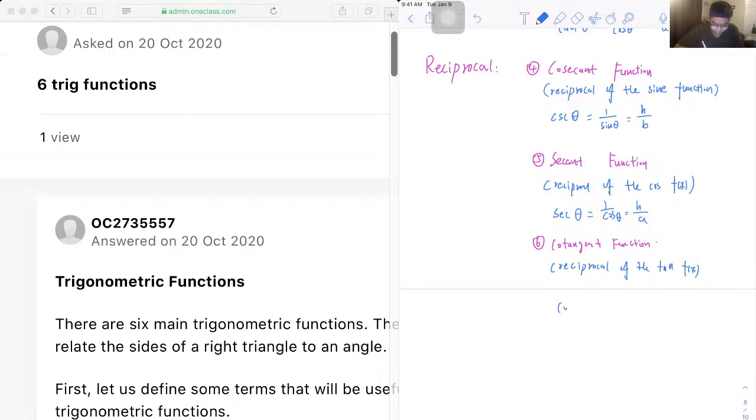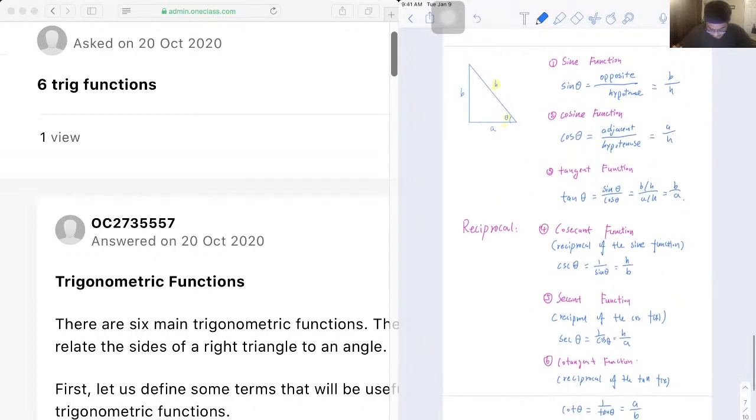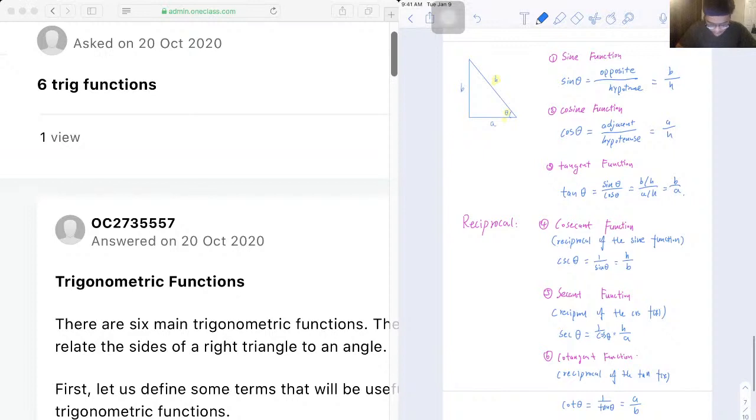So cotangent theta is equal to 1 over tangent theta, which is equal to A over B. Okay. Yep. So those are all the 6 basic trig functions we have.